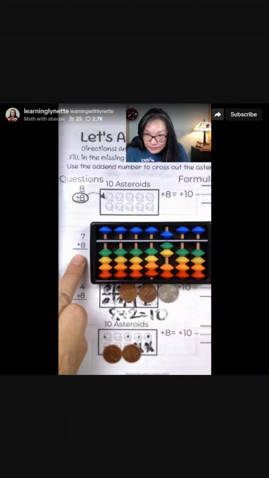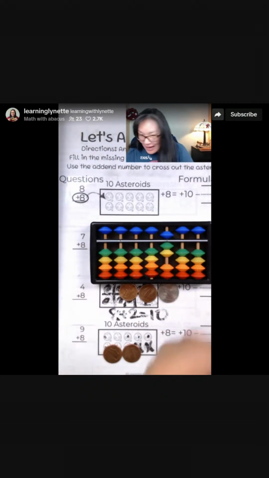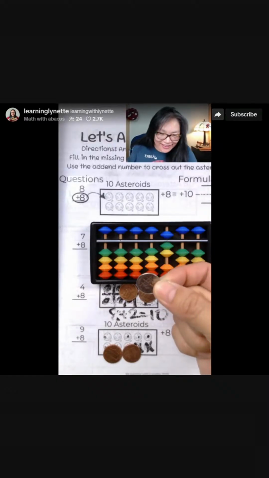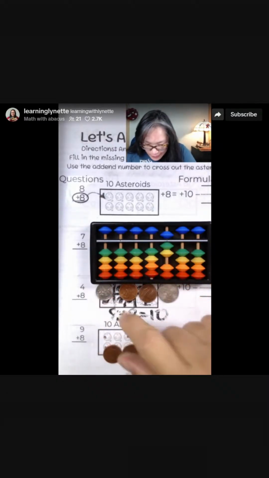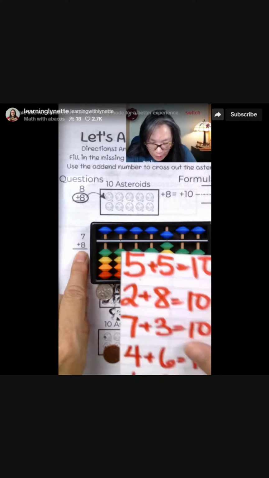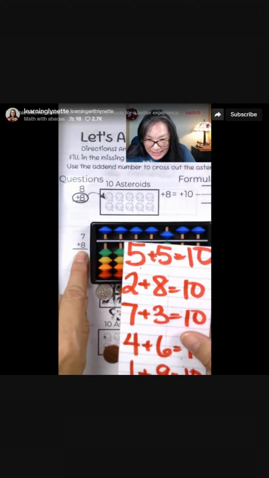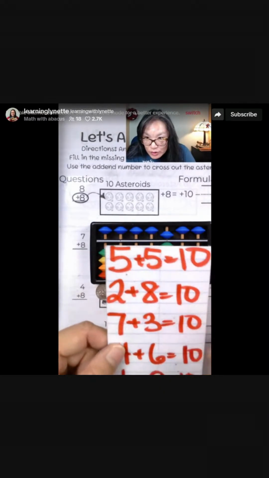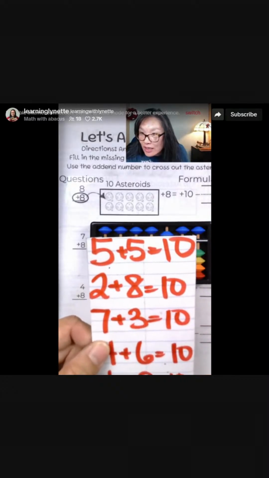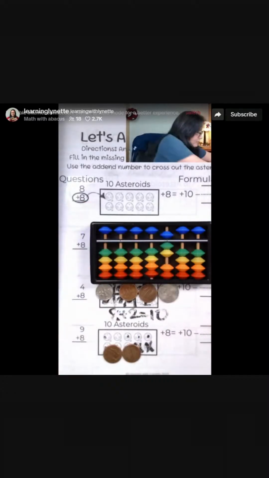Guess what? I can give you 10 cents. But if I give you 10 cents, right? What's the partner of 8? To make an 8 is 2. This is the concept. I have 8 plus 2 is equal to 10. I need to modify it, right?